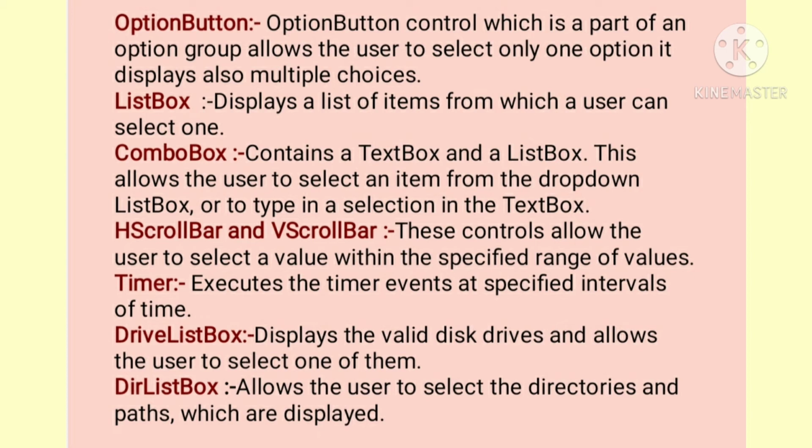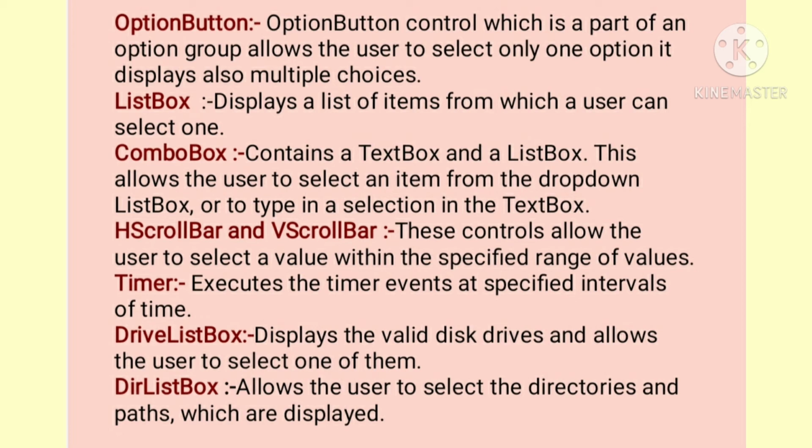Horizontal scroll bar and vertical scroll bar. This control allows the user to select a value within the specified range of values. Timer executes the timer events at the specified interval of time.